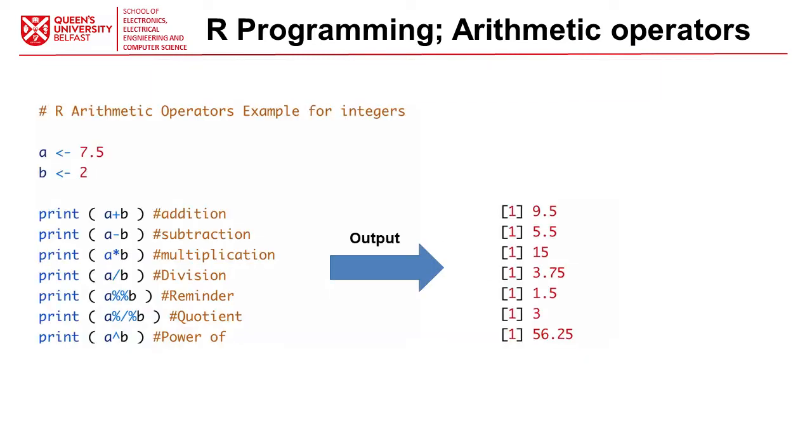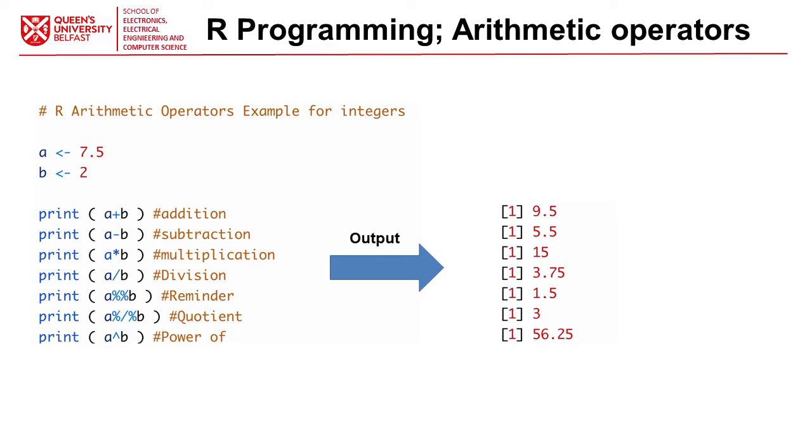So here are some examples. Exceptionally I use a and b here, which I don't like, but just two numbers, 7.5 and 2. I use this assignment, b is 2, and then print all of these values, the corresponding results. It doesn't matter if you put a space here, though I usually don't put a space between print and parentheses, but here you can see that it allows you to put a function name with a space before the parentheses.